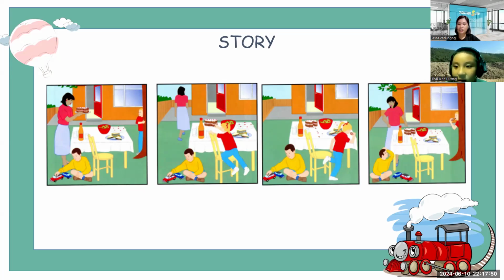Oh, she's angry at the boy, maybe because the mother thinks he ate the cake. Who do you think the mother thinks ate the cake? The mother didn't know that it was the girl who was eating.